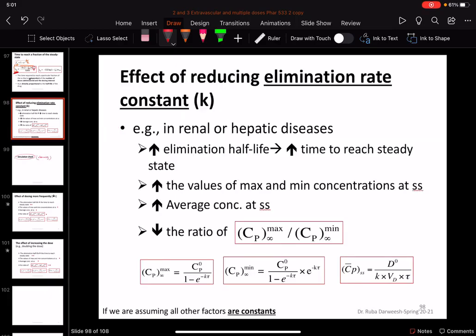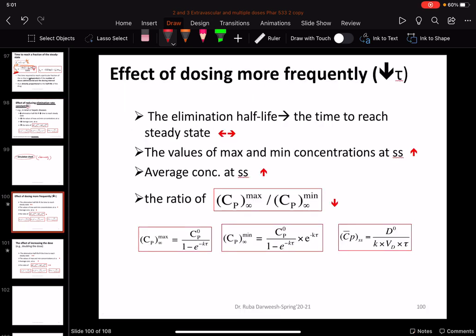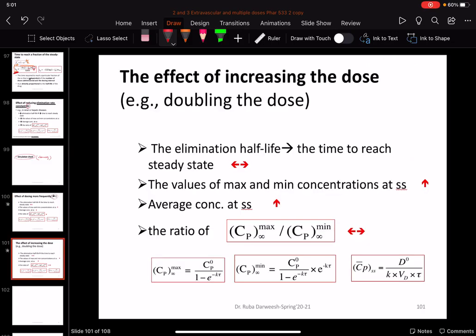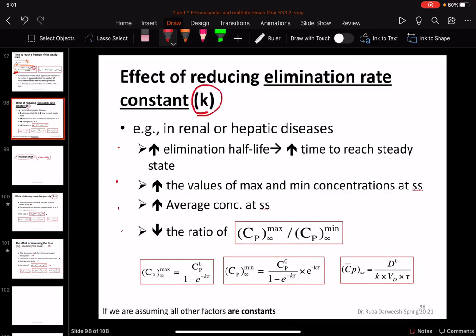You can change one of those, either K and see the effect of those terms, or decreasing tau, or doubling the dose. Okay? So let's go with the first one, and you will do the other two by yourself. But again, you can do it just by common sense, or by using the equations that we have here. So let's start with this.